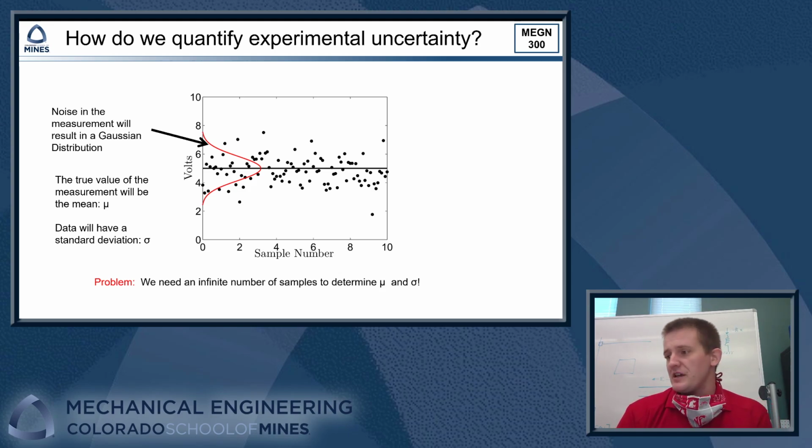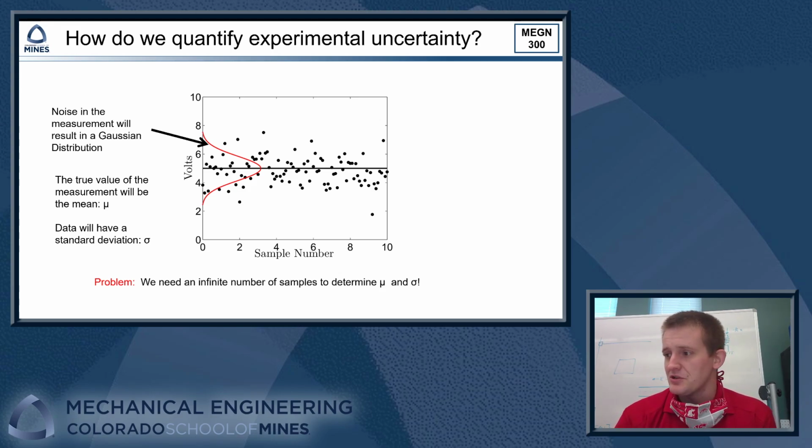And it's going to have a standard deviation, this data set also. So this standard deviation describes how spread out the data is. So big standard deviation means we have a lot of precision error, so we have a lot of variation from the mean. Whereas a small standard deviation means we have a very tight distribution, we have a very repeatable measurement, a precise measurement.